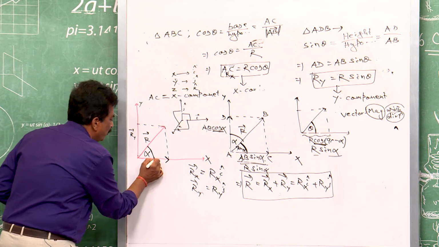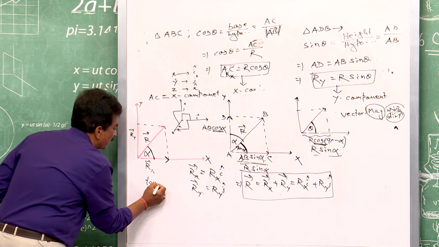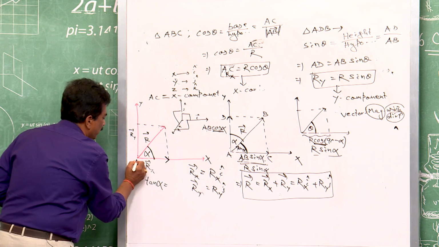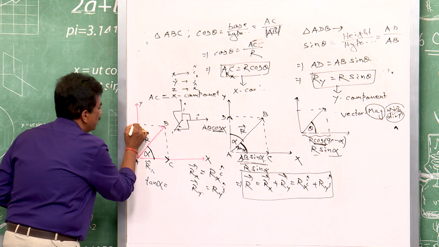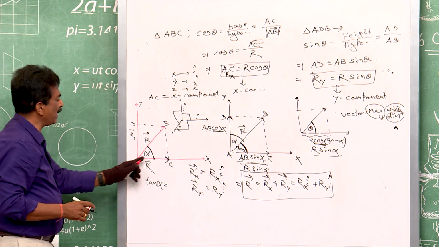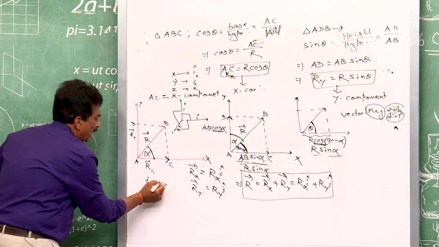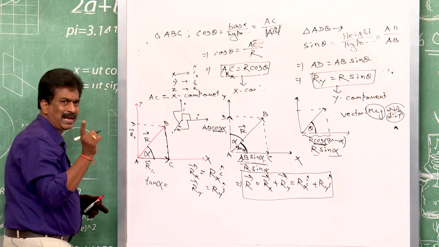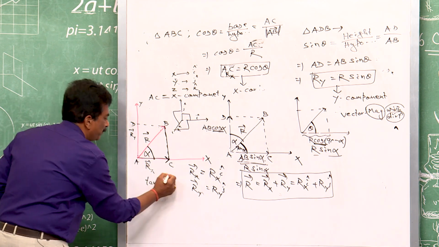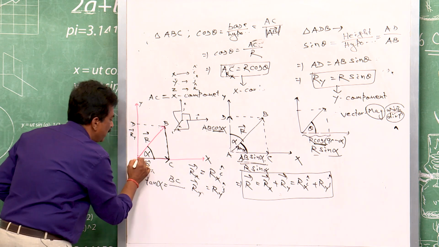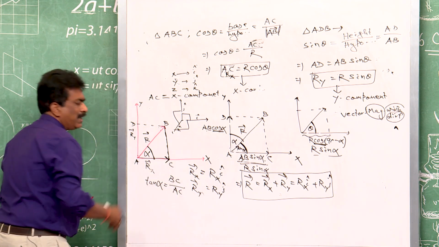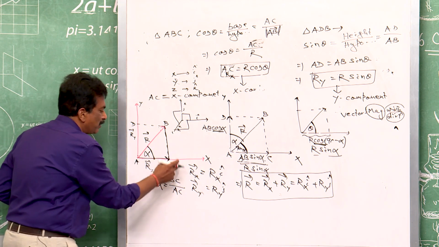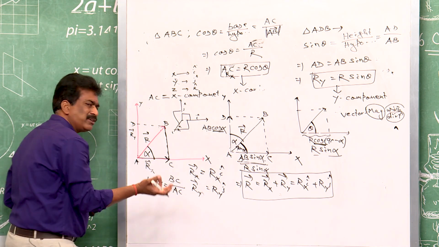To find the direction, we go for the value of alpha. In the triangle ACB, tan alpha will be P by B, that means BC by AC. So tan alpha is equal to that.